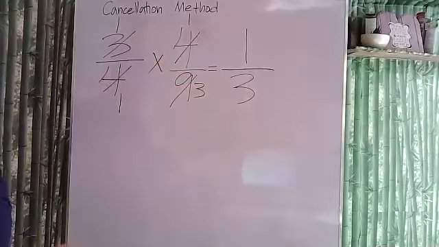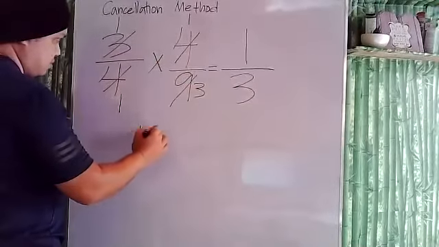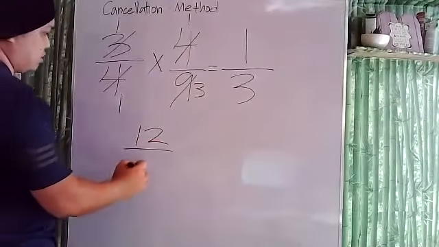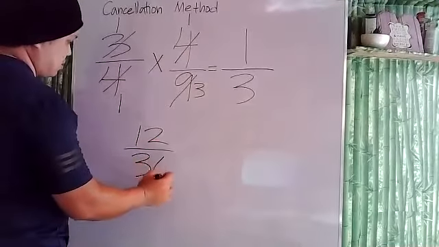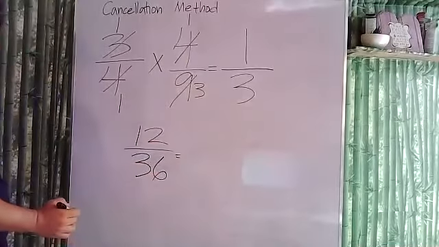If you use the long method, 3 times 4 is 12, while 4 times 9 is 36. And you can still simplify this.